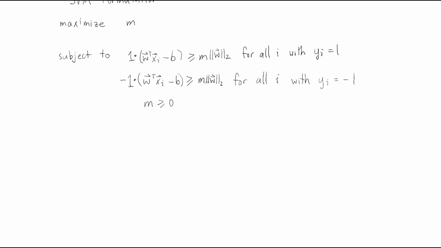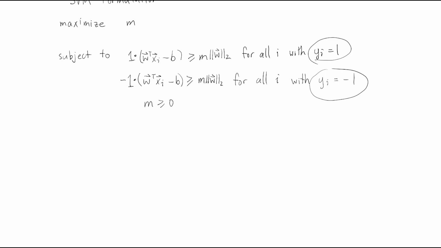So now, both of the first two constraints are looking very similar. One of them says 1 times something greater than or equal to something. The other one says -1 times the same thing is greater than or equal to the same thing in the first line, right? And then the other difference is that the first line says for all i with yi equals 1. The second line says yi equals -1.